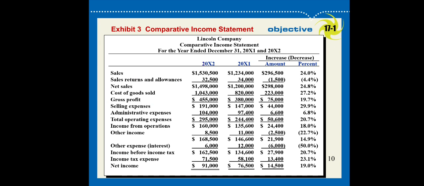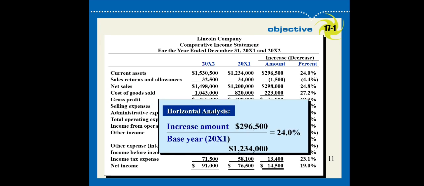You have to calculate the increment or decrement in terms of amount and the percentage. See here, the way is the same. For item 1, sorry, actually the item number 1 is sales revenue. So the increment in sales is 296,500 divided by the base year or previous year data, 1,234,000.